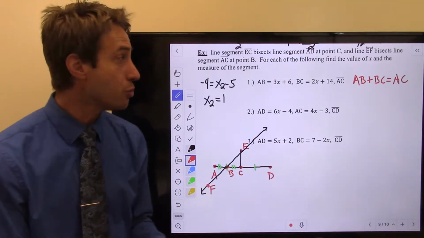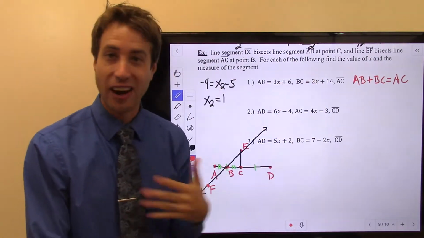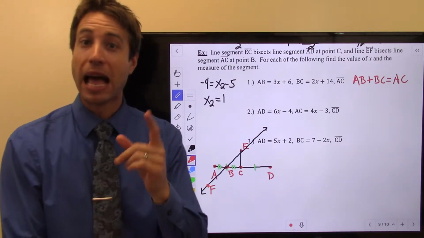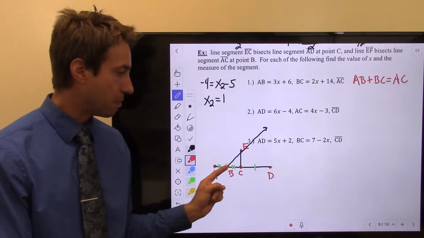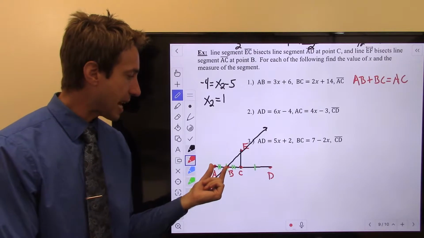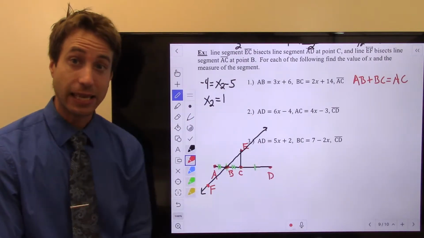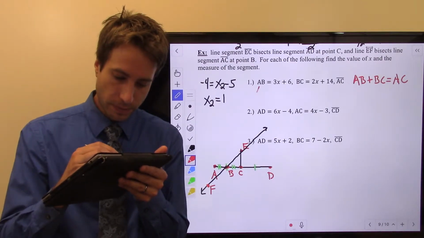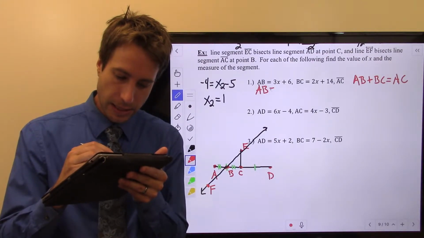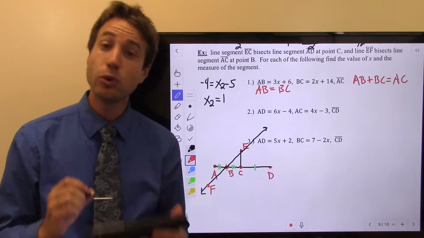But before I do that, I have these variables in there. I don't know what x is. However, I do know B is the midpoint, which means that AB is equal to BC.